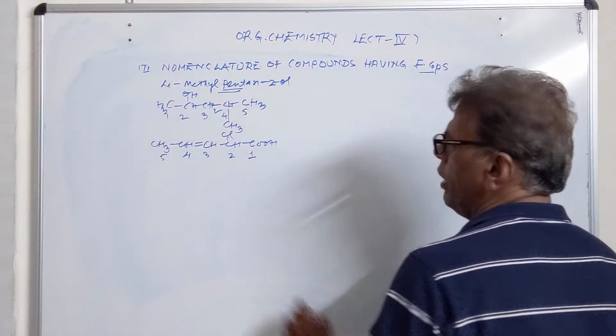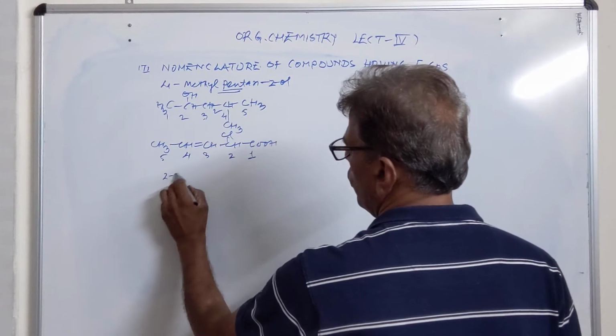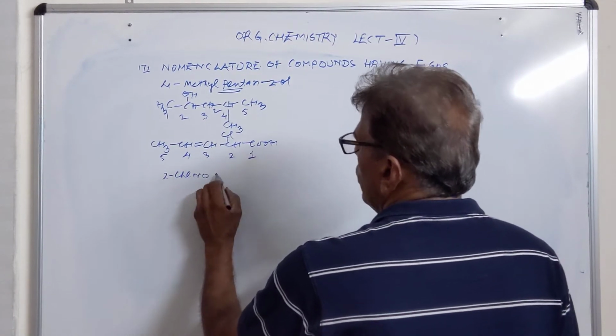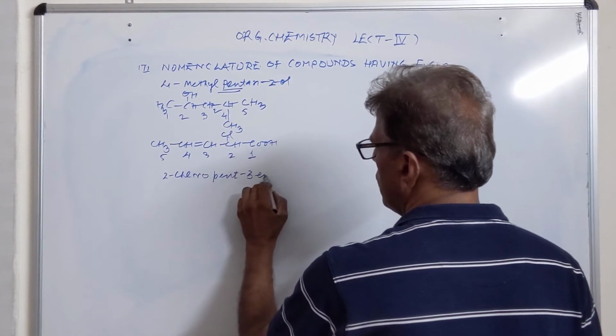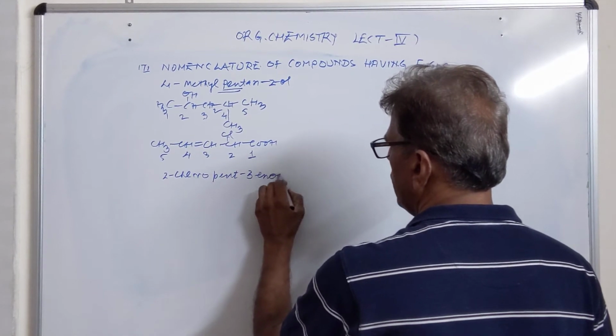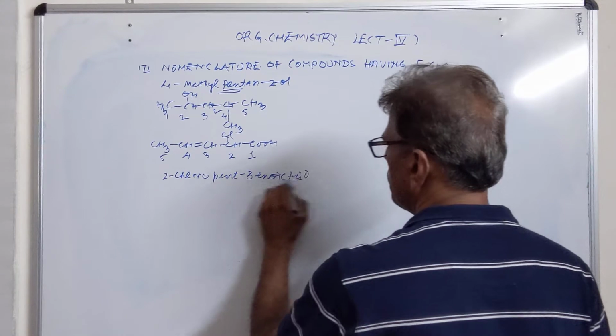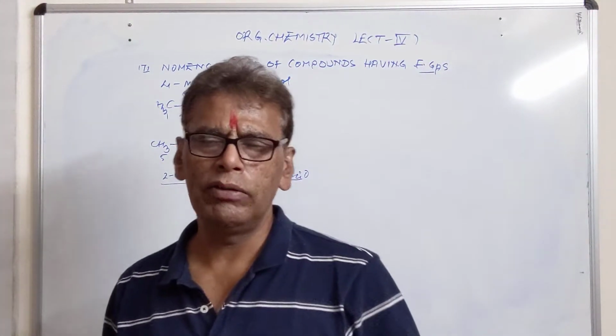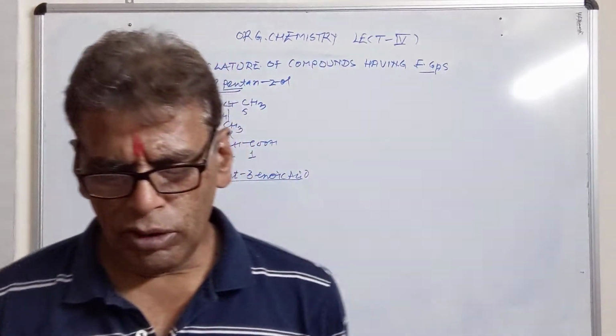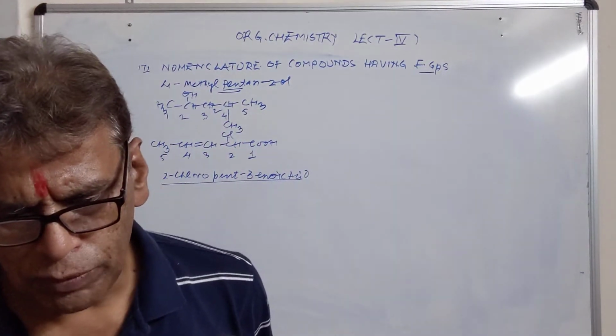So this is pentanoic acid, 2-chloro, 2-chloropent-3-enoic acid. So this is the numbering of the system having more than one kind of functional group.